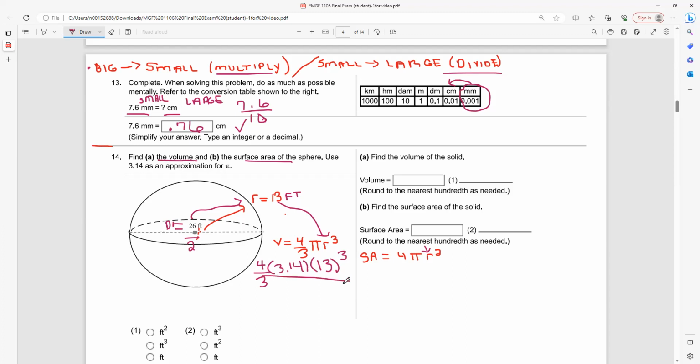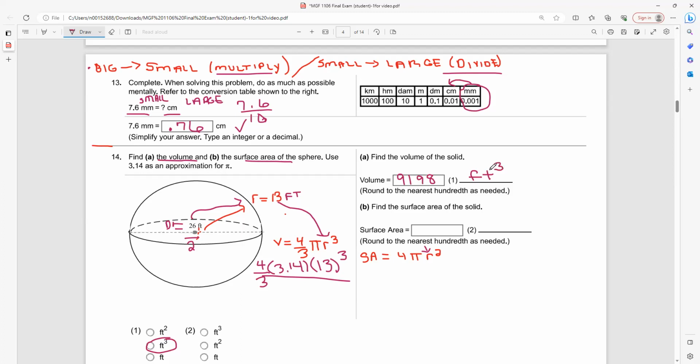We want to divide that product, all these numbers multiplied together, by 3. And when we do those operations in our calculators, we should get a volume of 9,198. And our units for volume is going to be feet to the 3rd power, so cubic feet.